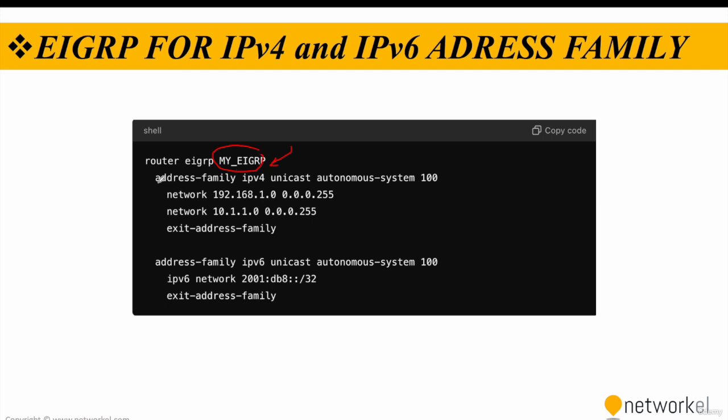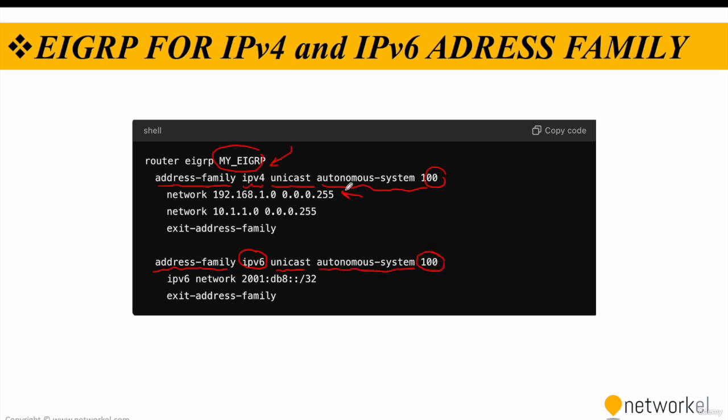And for IPv4 configuration, you are typing address family followed with IPv4, unicast, autonomous system, and the autonomous system number. For IPv6, the only difference is you are putting address family IPv6 instead of IPv4, followed with unicast, autonomous system, and the autonomous system number.